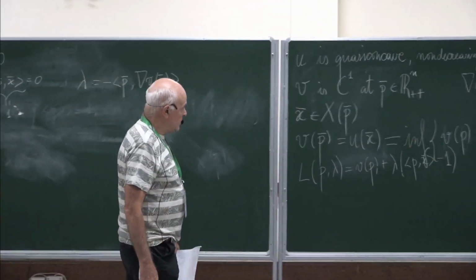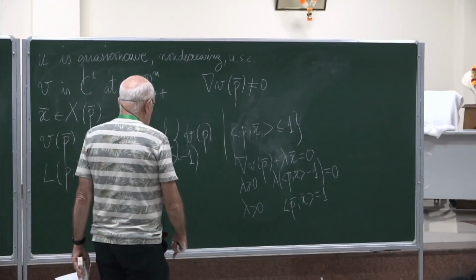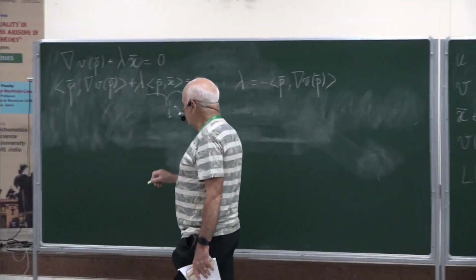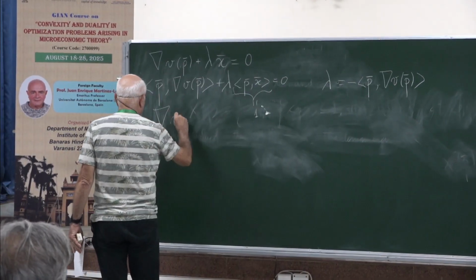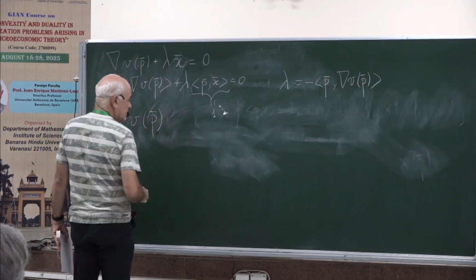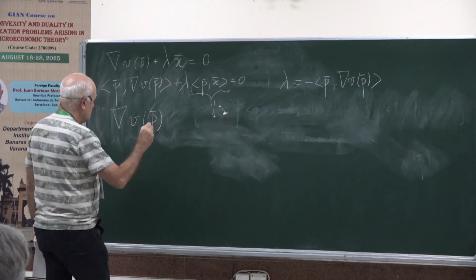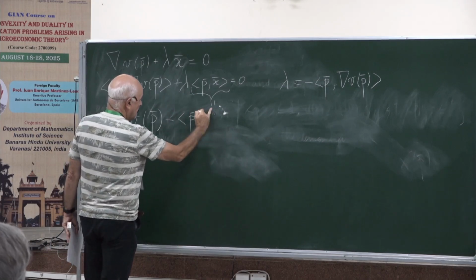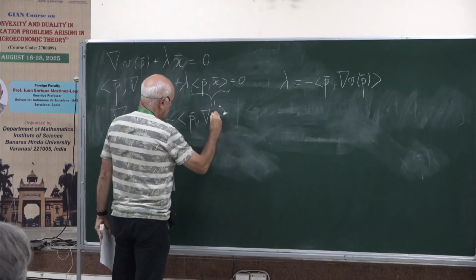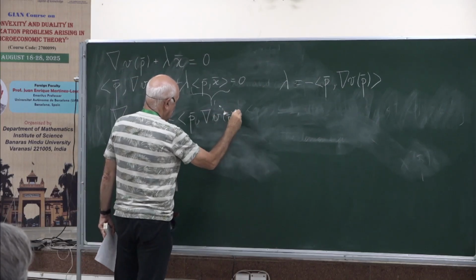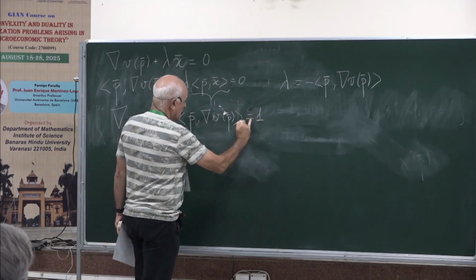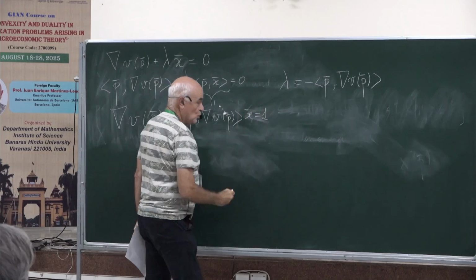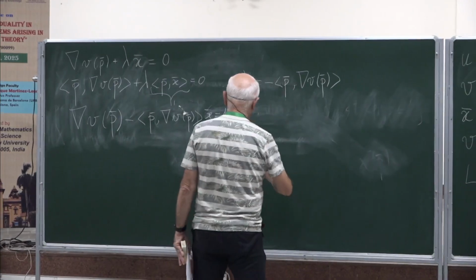So we have almost finished. Then we come to this equation and get that gradient of V of P bar plus lambda, which we already know, times x bar is equal to 0.